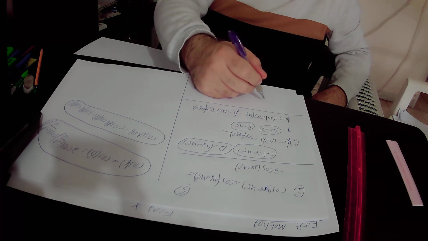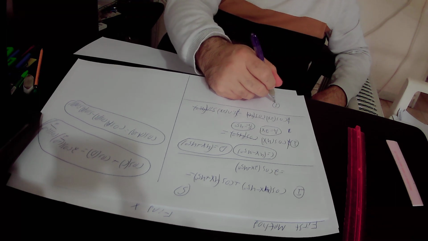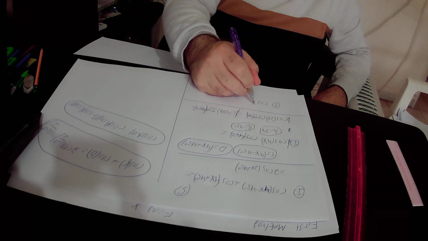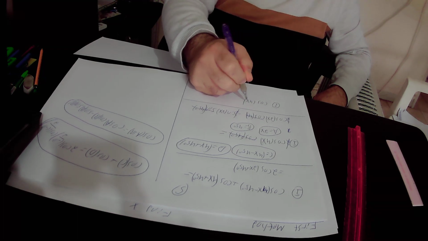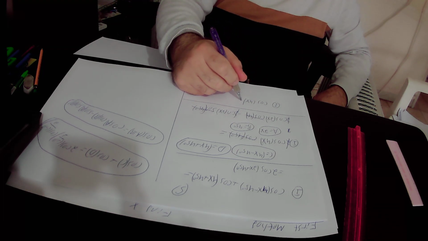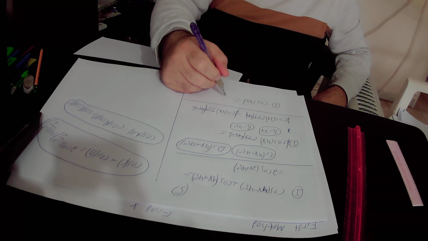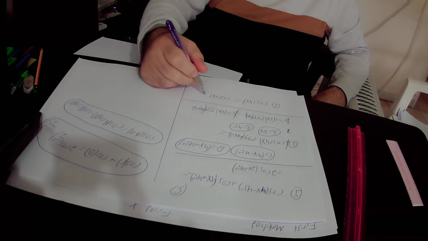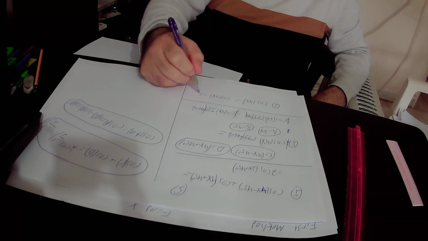So in conclusion, we got that according to equation number 1, cosine 4x equals cosine 2x minus sine 2x.